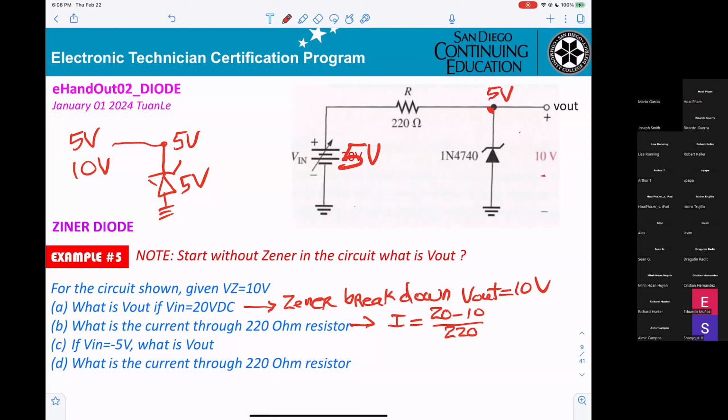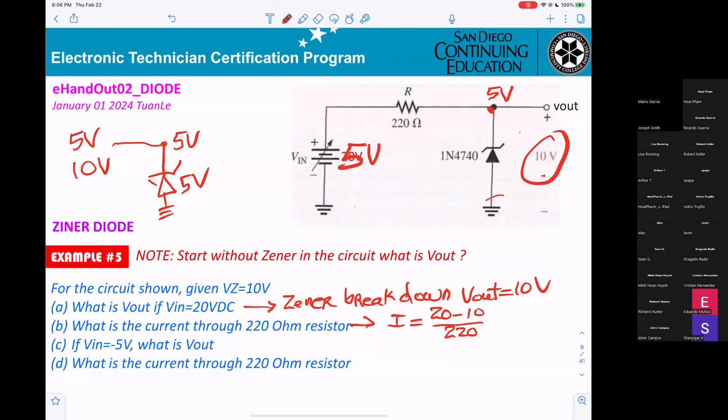Okay, and you know the diode cannot break down, right? The thing is, 5 volts is less than 10, and the breakdown is 10 volts. Right. Okay, so it does not break down. It's working like a normal, regular diode, correct?